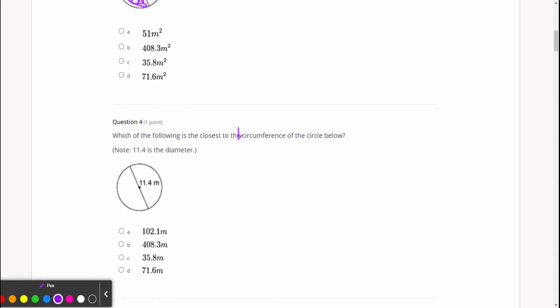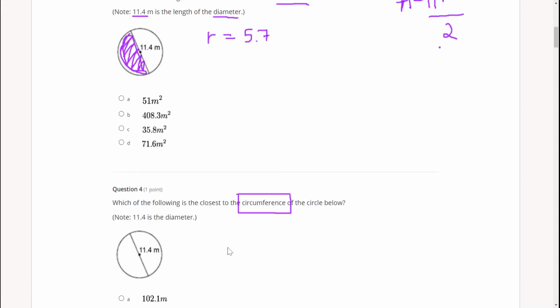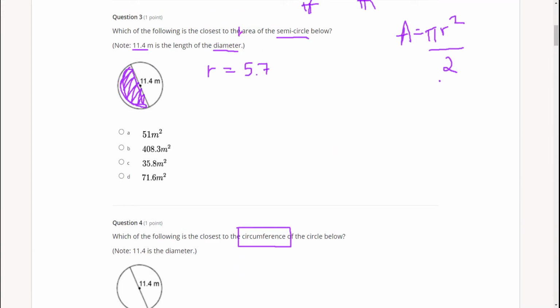So number 3 and number 4 look the same. It is the same picture. What's different? Mm-hmm. So in number 3, you're going to do area. And number 4, you're going to do circumference. You could. Mhm.